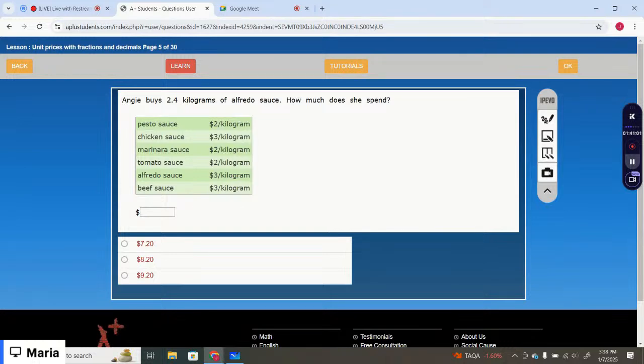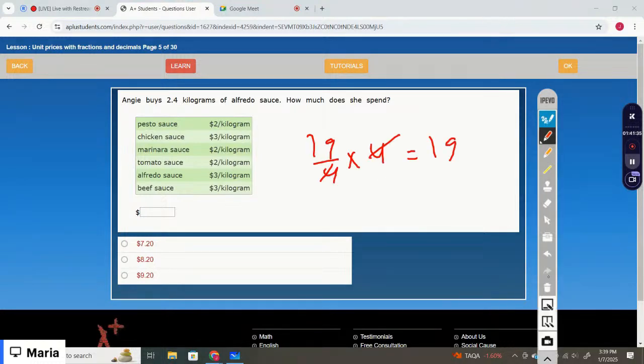Angie buys 2.4 kilograms of Alfredo sauce. How much does she spend? 2.4 kilograms of Alfredo sauce, right?